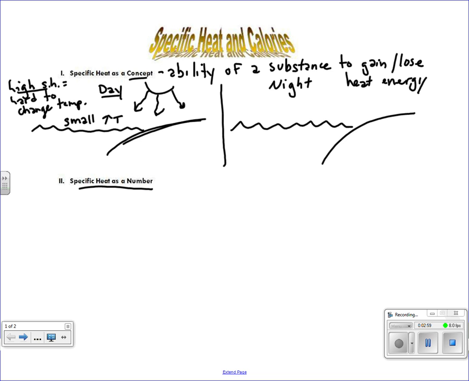The land, on the other hand, sand, has a very low specific heat. And so what that means is that sand changes temperature easily. Sand changes temperature really, really easily.